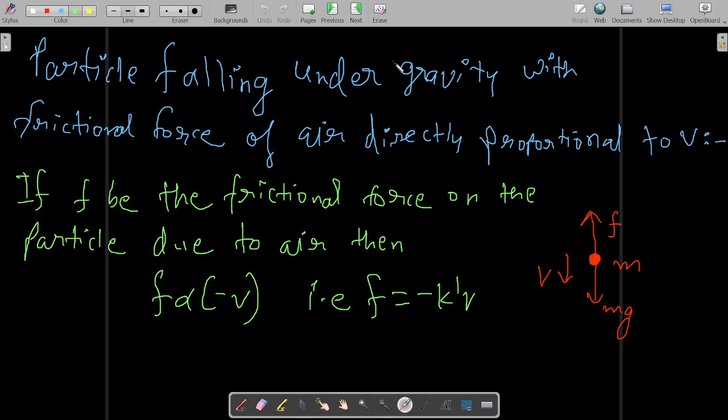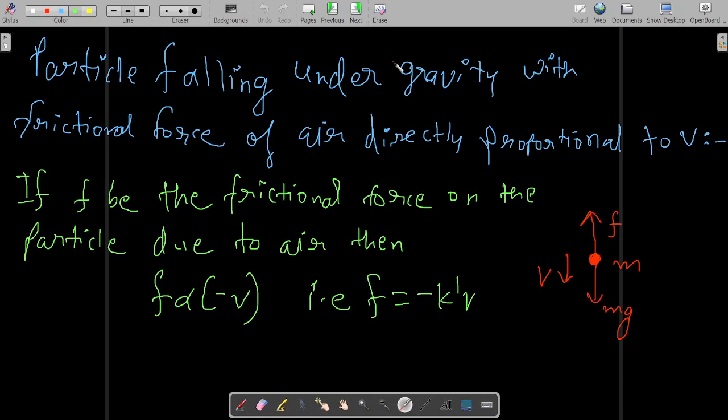But weight will change, because the value of g is not 9.8 on the moon. On earth it is 9.8 meter per second square, but on the moon the value is far less, around 2 point something, if I am not wrong.